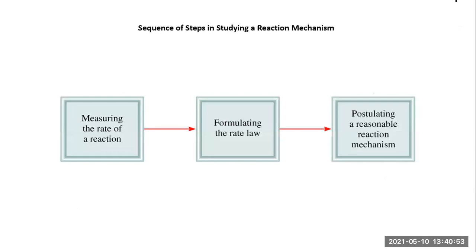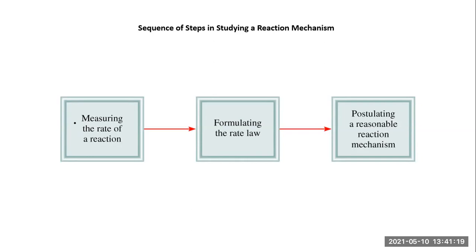Okay, so let's talk a little bit about some different types of mechanism problems. We're going to see a few different types, if you will. There are a couple of ways that we study reaction mechanisms. We measure the rate of a reaction, we try to formulate a rate law, and then we try to come up with a plausible explanation as to how this reaction could take place.